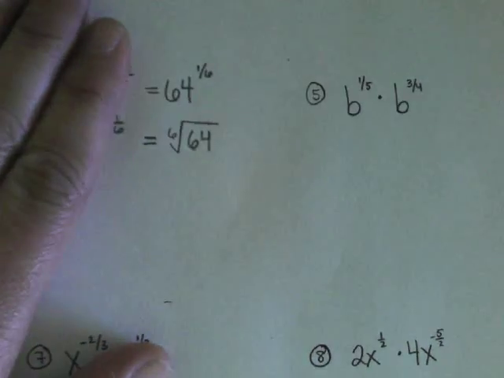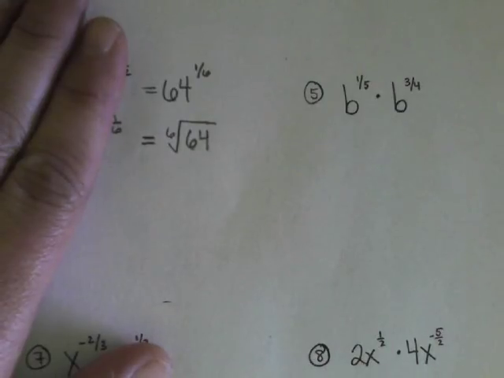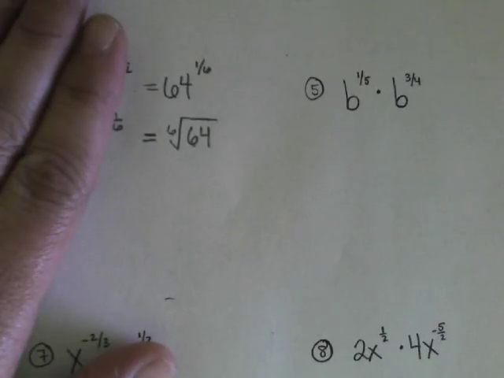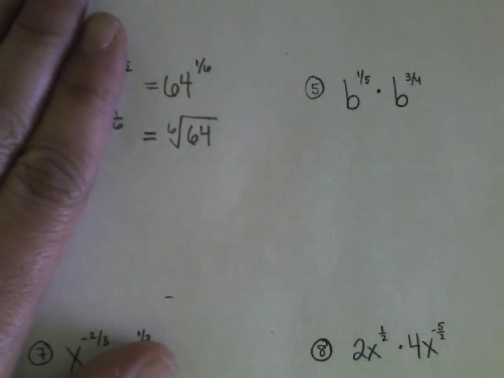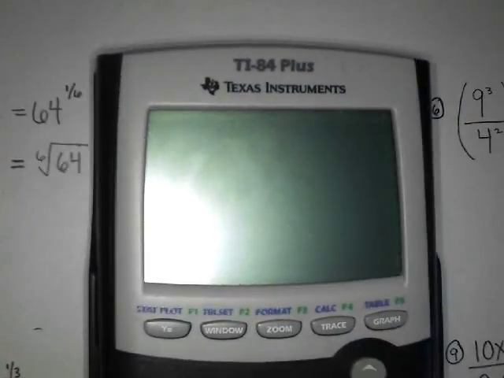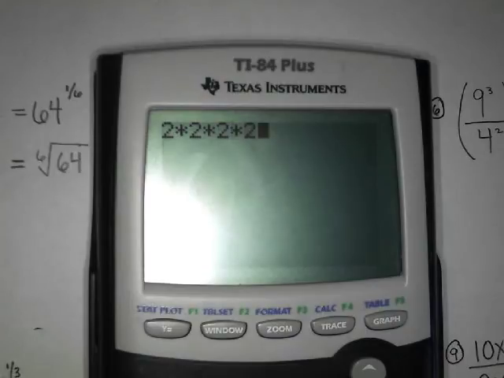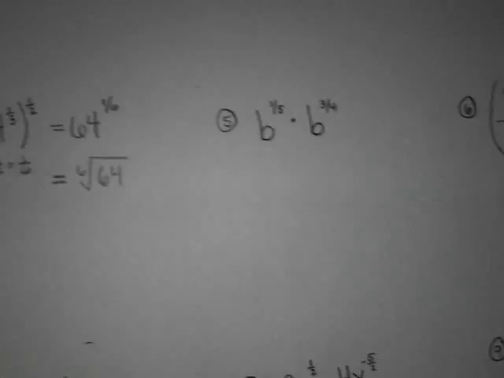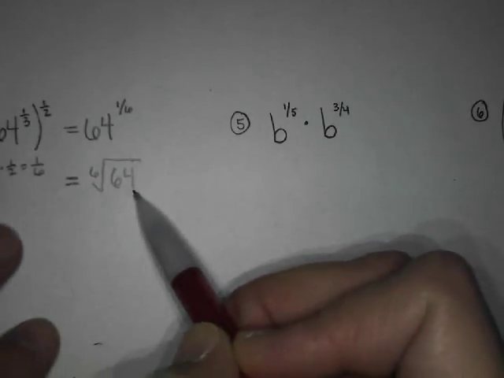Now, is there any number that gets multiplied by itself 6 times to give you 64? 2. 2 times 2 times 2 times 2 times 2 times 2 is 64. So actually the 6th root of 64 is just the whole number 2.